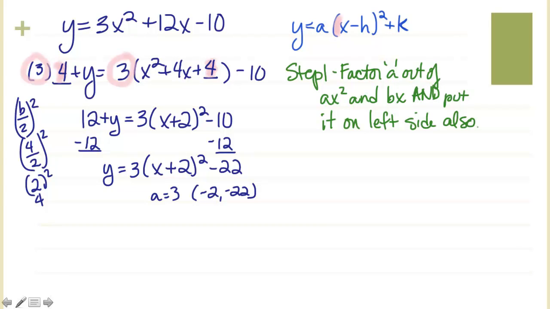And you can put that in your own words. I don't really have a great way to say that. Right? Those 2 3's that are circled, we needed to factor it out, and we needed to put it on the other side.